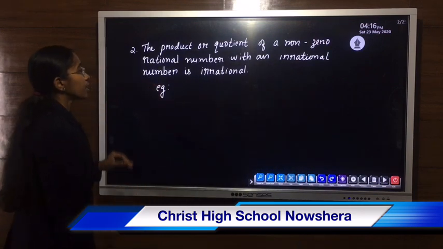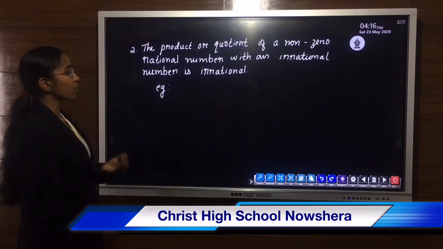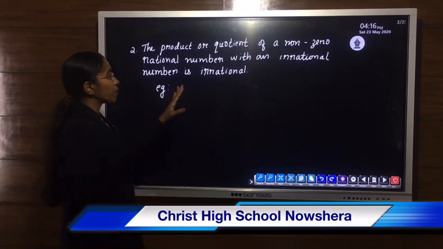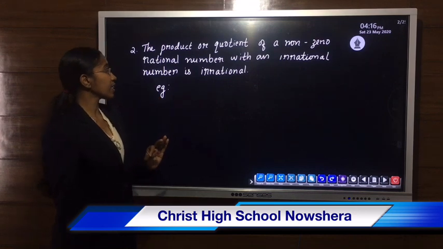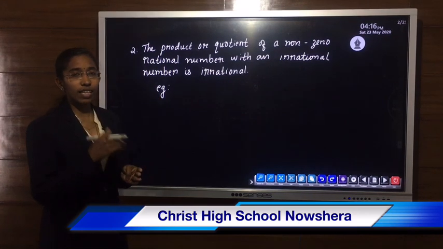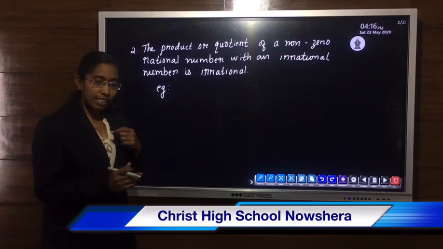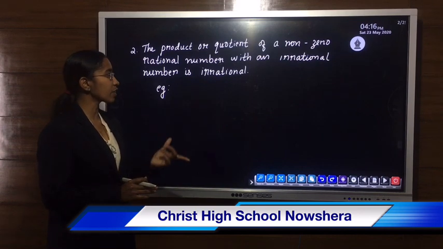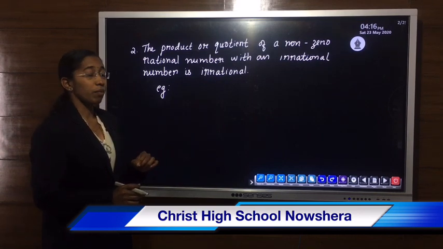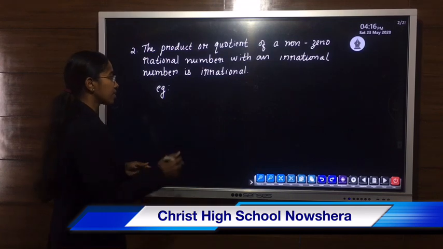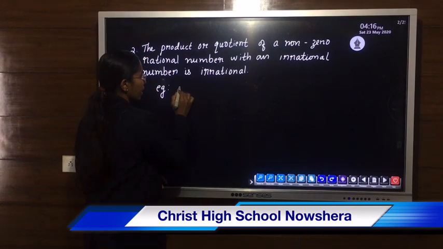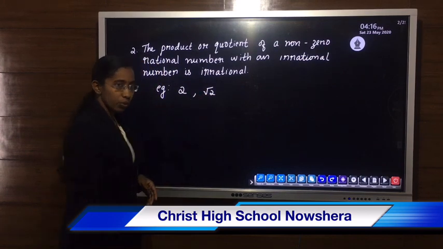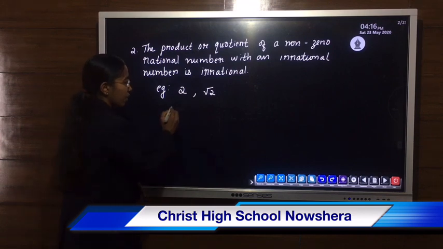So second one, the product or quotient of a non-zero rational number with an irrational number is irrational. Here also, when we are multiplying or dividing a non-zero rational number, which means a rational number other than 0, with an irrational number, our answer is always irrational. You can check with some examples. Here also you take the rational number as 2 and the irrational number as root 2, and multiply and divide.